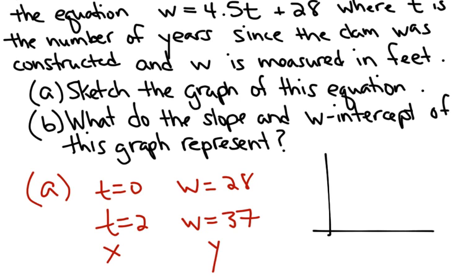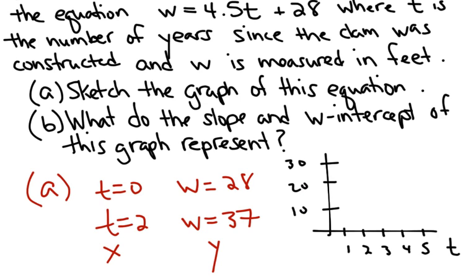So now when I go and graph this, maybe I'll do 1, 2, 3, 4, 5 on my T-axis. And my W-axis, I've got to scale it differently because I'm not making 28 and 37 tick marks. So maybe I'll go 10, 20, 30.